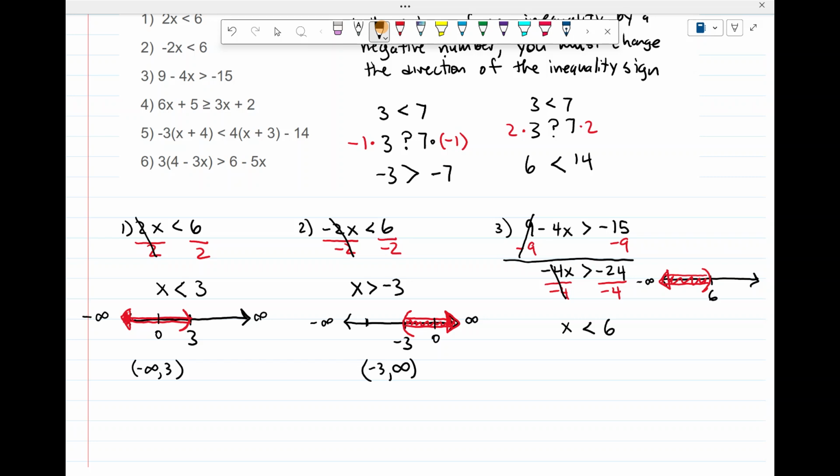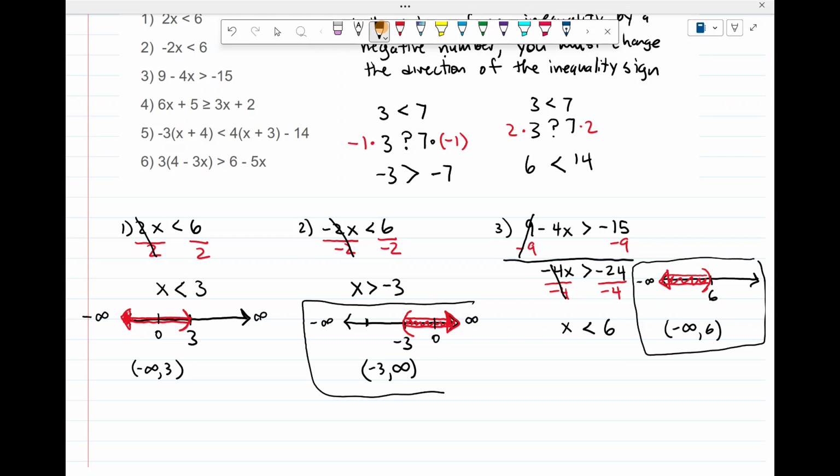In interval notation, that means my solution is all the numbers in between negative infinity and 6. And that is my final answer. And I'll just quickly circle my answers so that they are nice and clear.